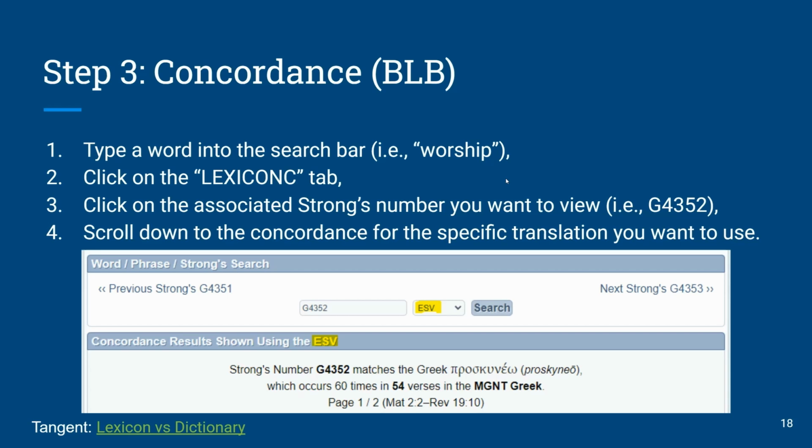So for instance, if we type in the word worship and we look for the Strong's number G4352, that corresponds to the Greek word proskuneo, we can then scroll down to the concordance section for that specific translation that we want to use. In this particular case, we can select our translation by going to that drop-down menu that's highlighted in yellow and selecting ESV. And if we click search once more, the results will change to be shown for that particular translation.